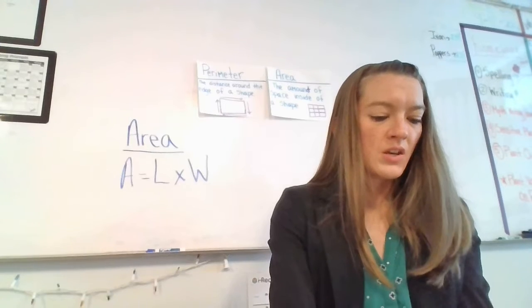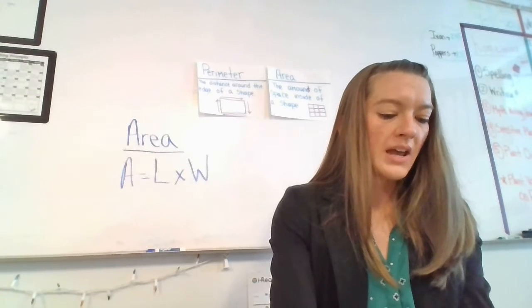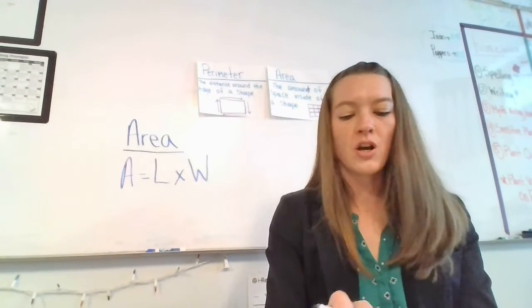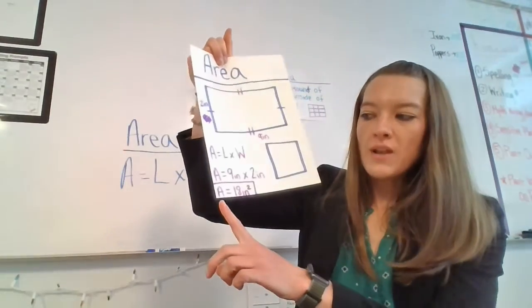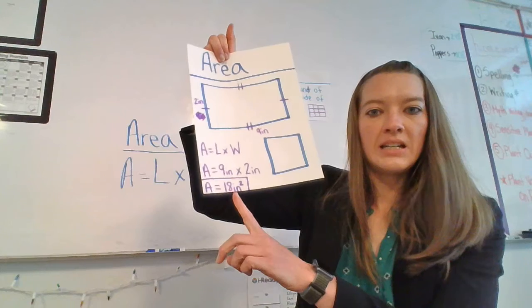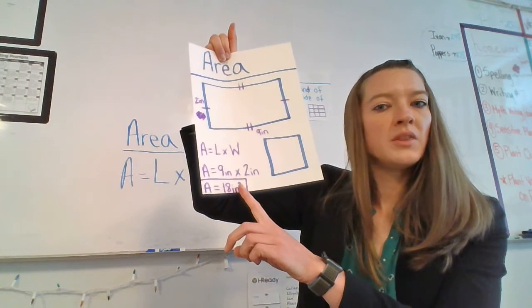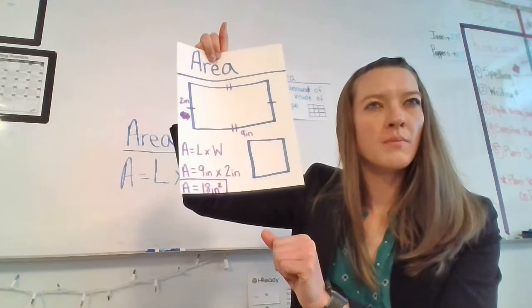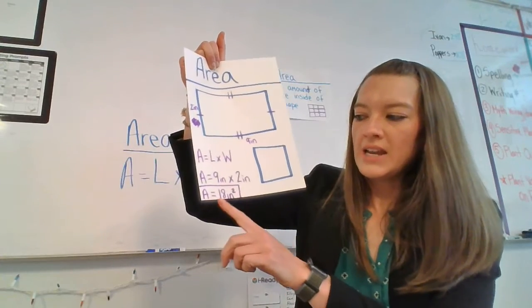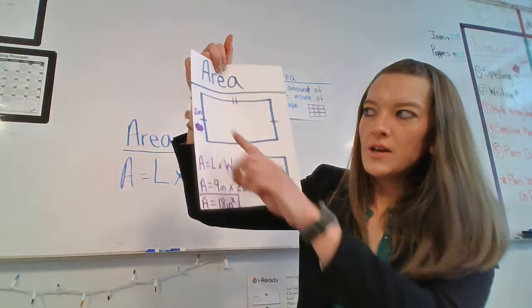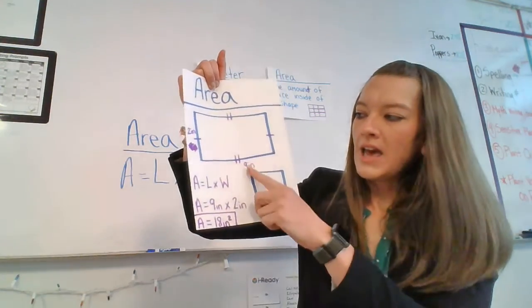Okay. So when we write our answer, we have to make sure our units are in there. That is very, very important. So now my area is 18 inches, and I have to put this little 2 up here, and we're going to talk more about that. That is squared, 18 inches squared, because I have inches and inches.